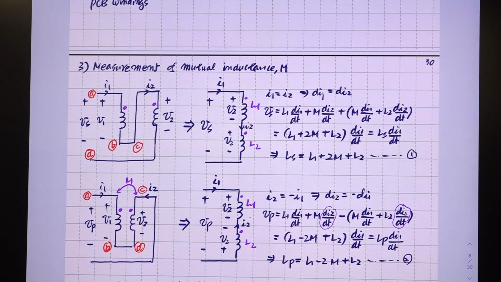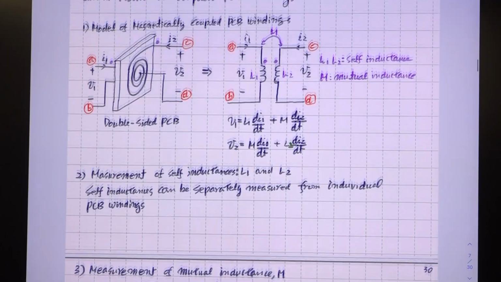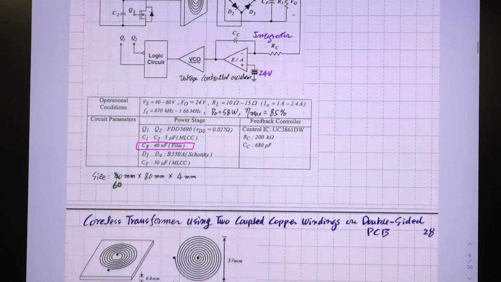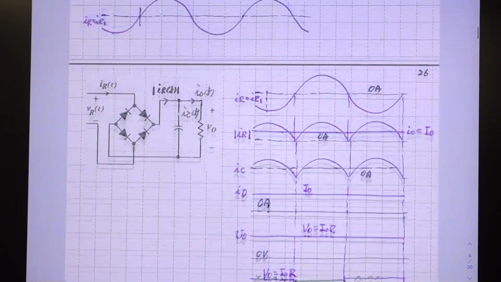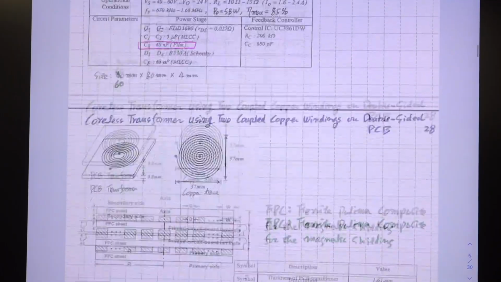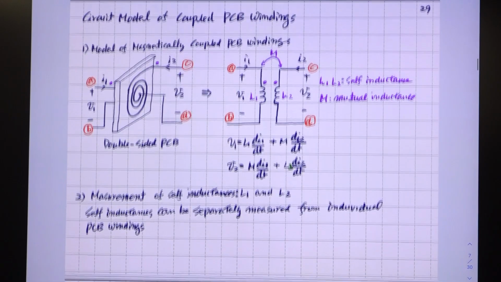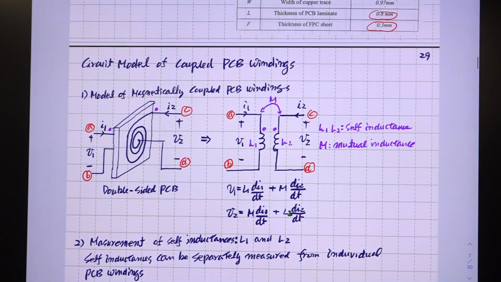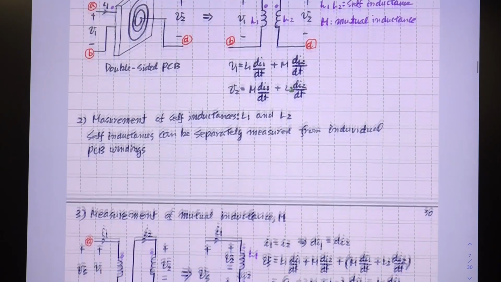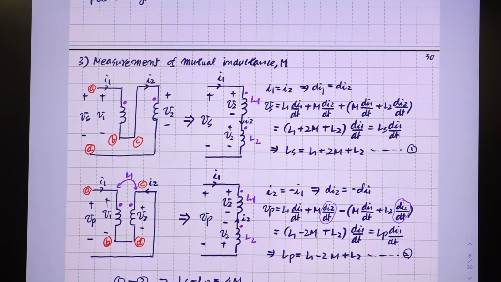Okay. So from this structure, you make a connection in this manner. This is connected to here, and this is connected to here, like this. That is called additive connection.